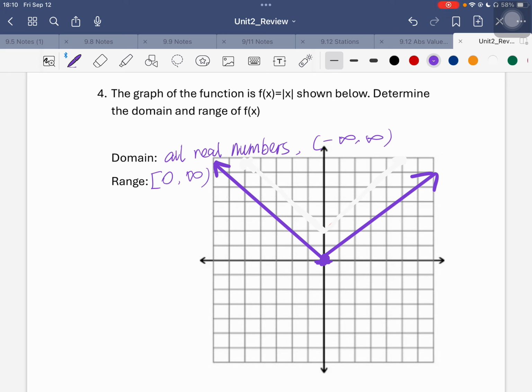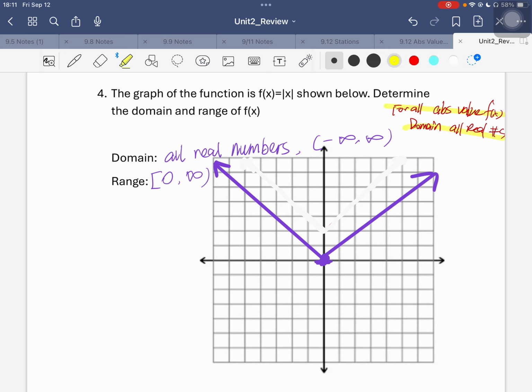Now let's look at the domain. The domain of all absolute value functions is all real numbers. Please write this on your cheat sheet.